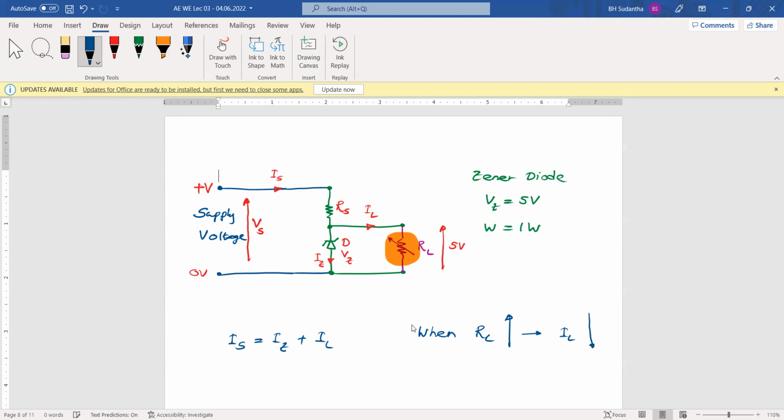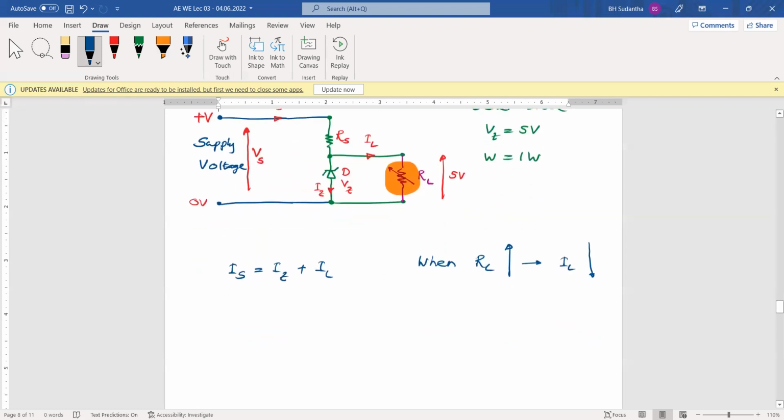IL has a low value. If RL is reducing, then IL will have higher values. Is it okay? It's a normal thing. You can understand this well. If the resistor is very high, less current goes through it. If the resistor is very low, high current goes through it.